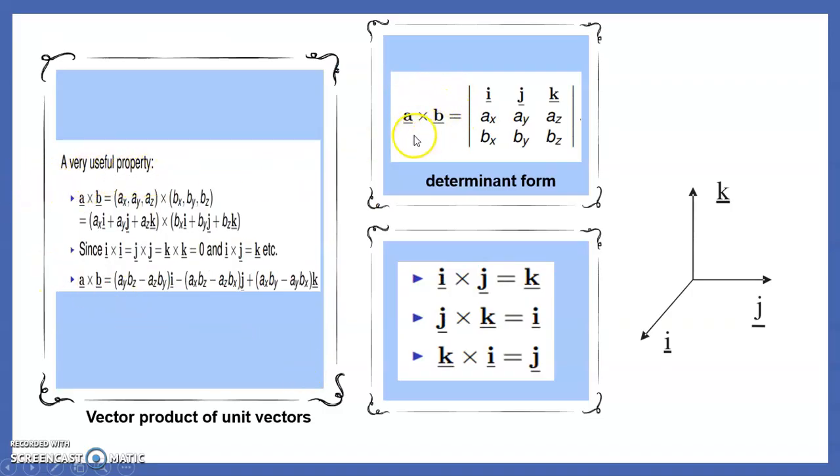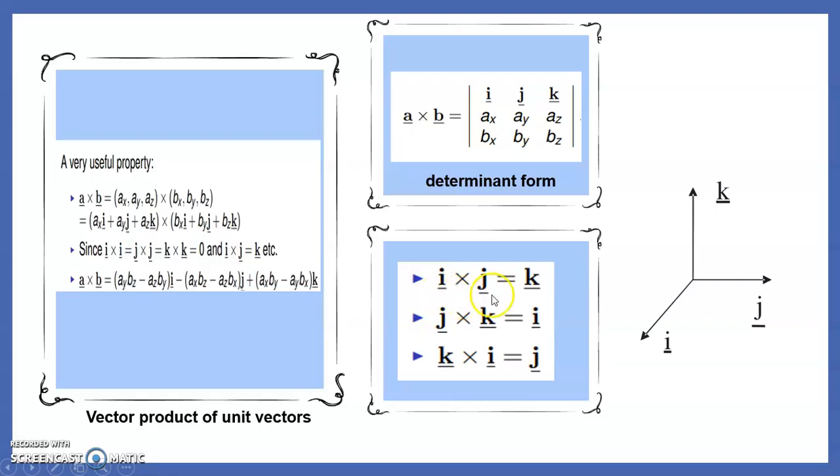To find the cross product easily, it will be very easy to use the determinant form I, J, K. The second row will be the A vector components, and the third row will be the B vector. You should not change the rows. Then you can expand this determinant to find out the answer.